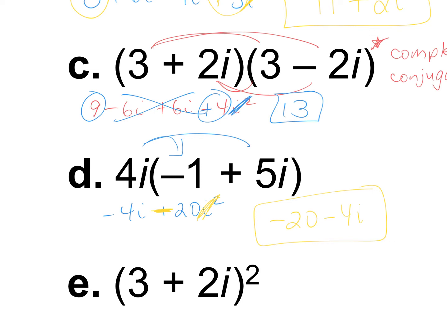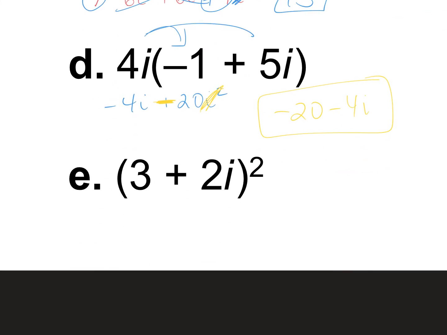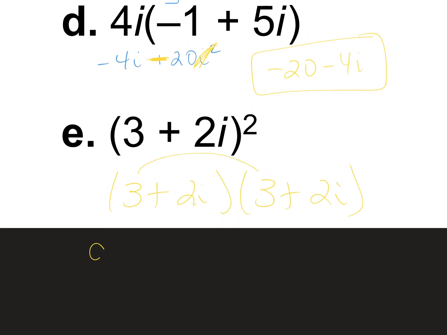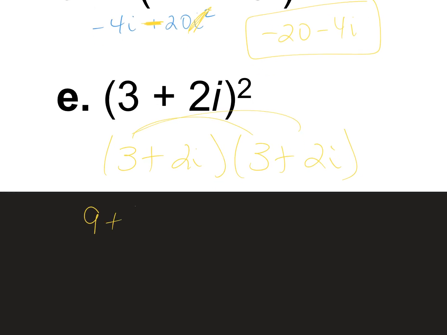How is E different from C? Same signs. When you multiply, because I'm going to write 3 plus 2i times 3 plus 2i, should my i's cancel out? No. But when you FOIL, 3 times 3 is 9. 3 times 2i is plus 6i. 2i times 3 is plus 6i.